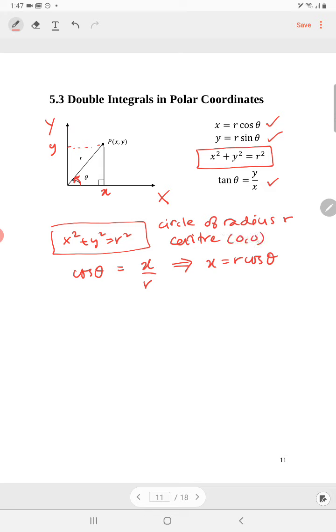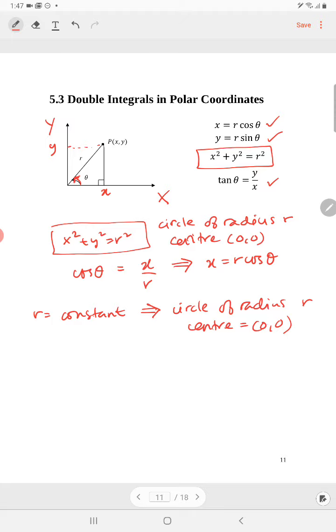So from now on, if you have r equals a constant, what you have is really a circle of radius r, and the center of the circle is at the origin, which is at 0, 0.